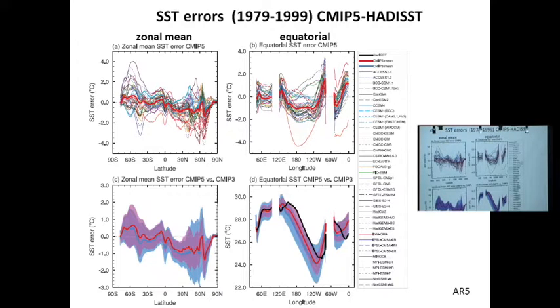And here there are many models, and the red line is the ensemble. And here's the error. Okay. And the error here is in terms of bias, because it's the difference between the model and the observation. And the observation comes from this set of data here, has SST.